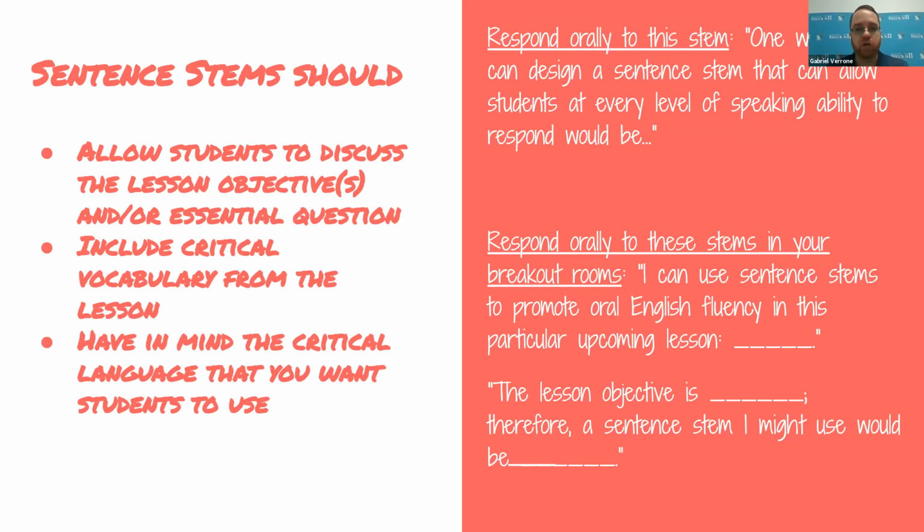Now, I get it. Some kids are going to be off topic and talk about whatever they want, regardless of the stem you give them. But for those that are going to comply and follow the procedures, and sometimes with gentle prodding, just ask yourself, is this actually going to allow them to talk about what I want them to talk about? Will it result, if they follow the procedure, in them using critical language that I want?